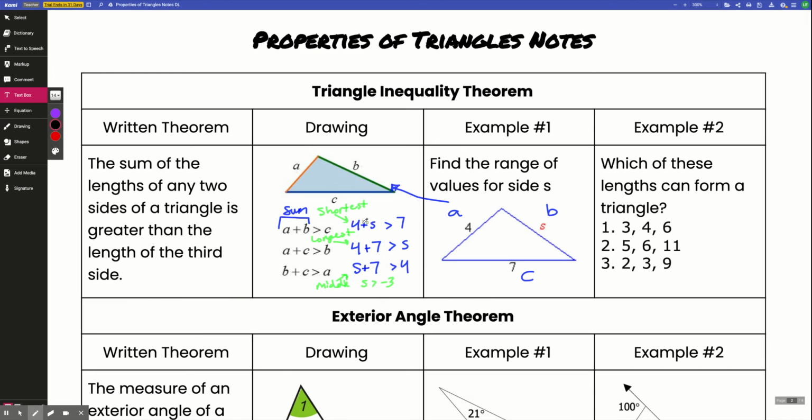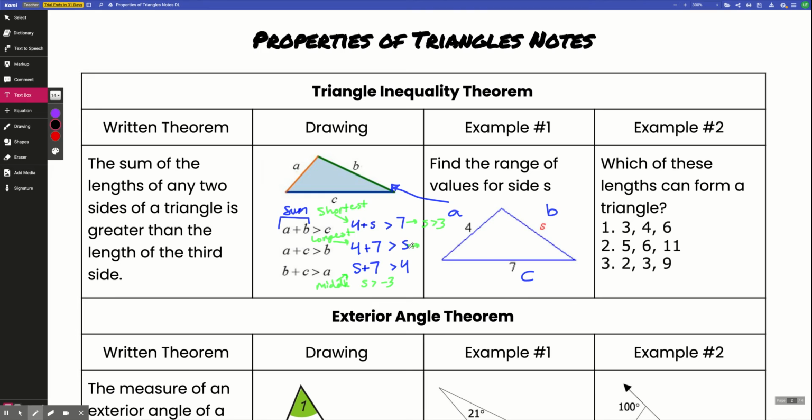Where you have the smaller number plus S, your variable, is greater than the larger number that's given to you. That will give you your lower bound. If I solve this one for S, I get that S has to be greater than 3. So that's my lower bound.